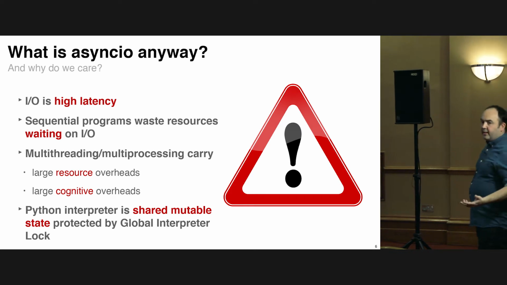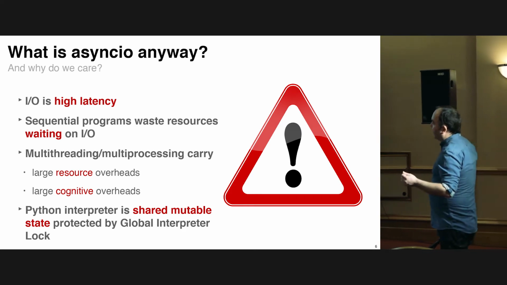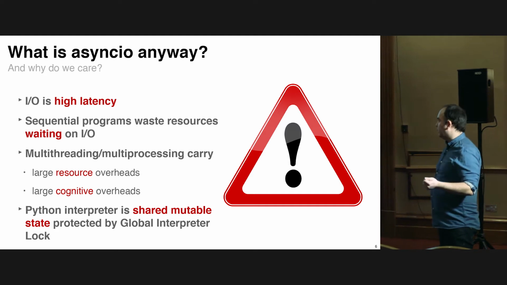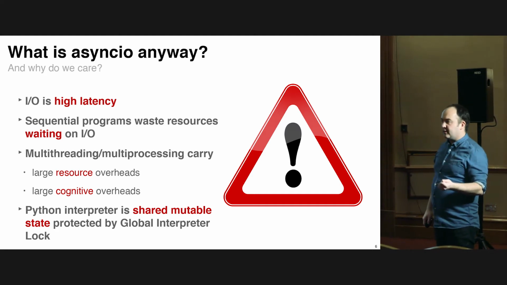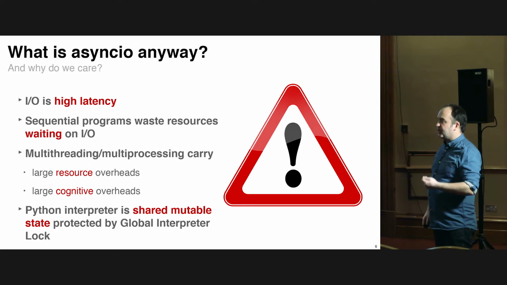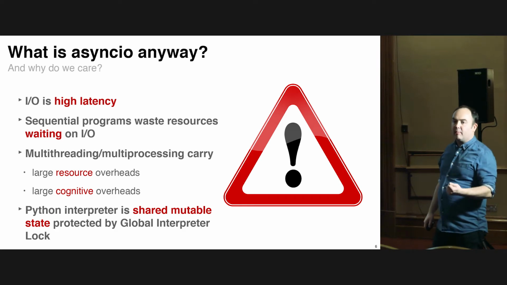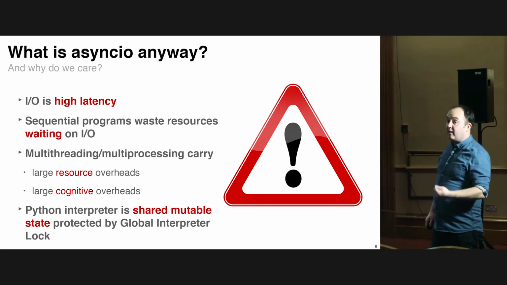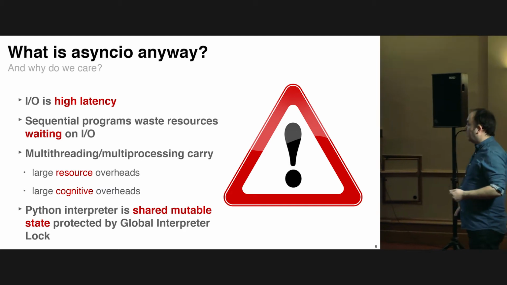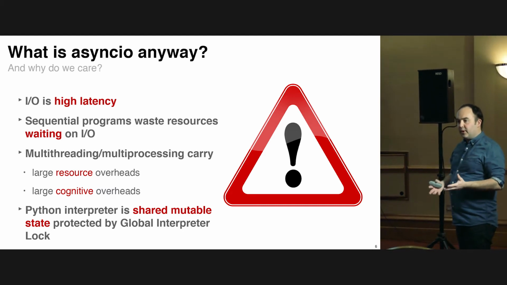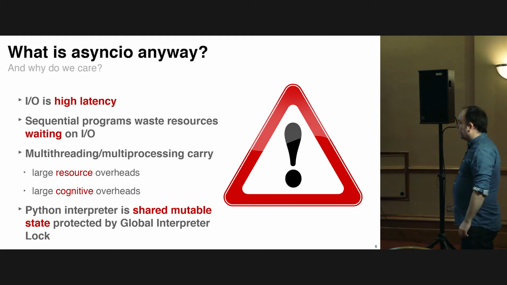Perhaps more importantly than the resource overheads in computing terms is the cognitive overhead in just figuring out how all this stuff works, and just the difficulty in reasoning about highly concurrent, parallel threaded programs where there is inevitably at some point some mutable state.